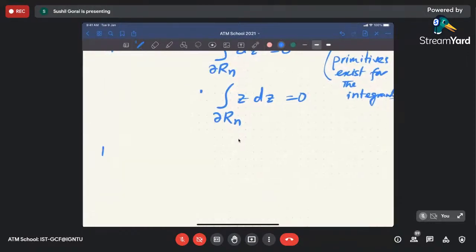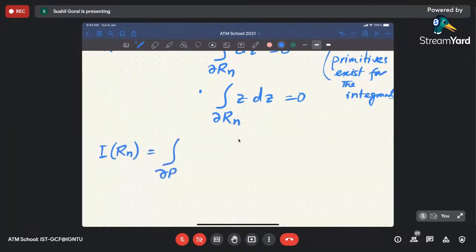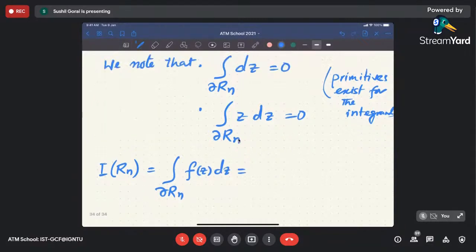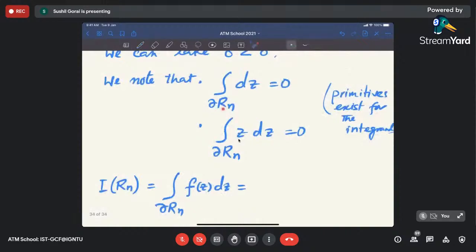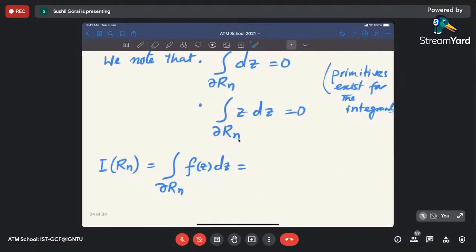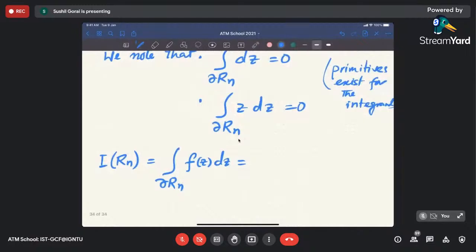Now look at I Rn. This is nothing but integration over del Rn of f(z) dz. And since we have this 2, we can add and subtract a few things. We can add a few things rather.